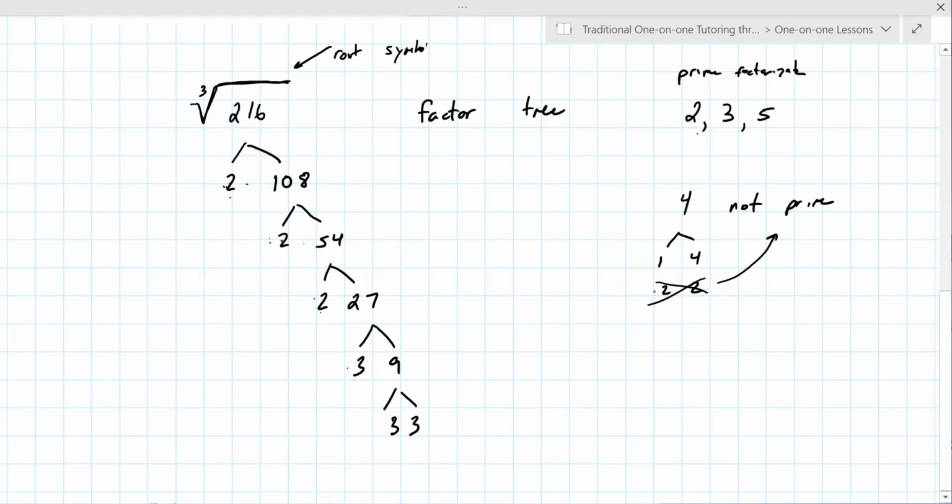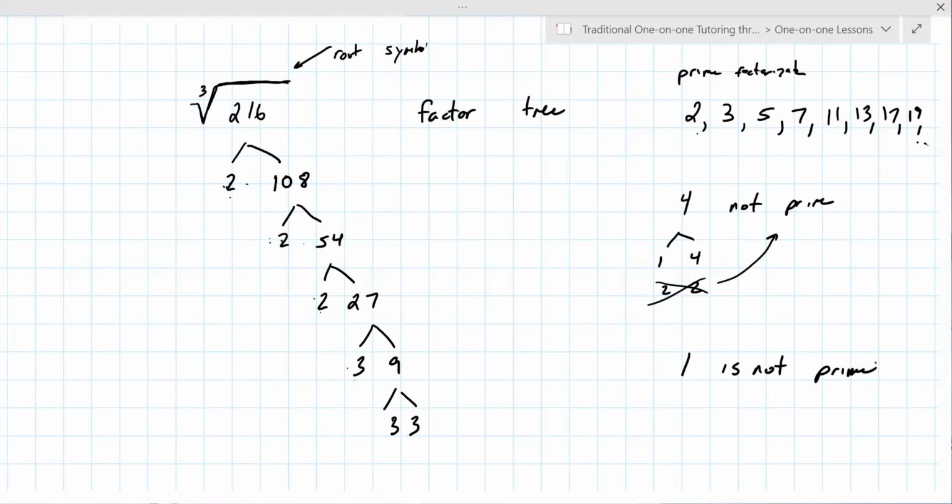What about 7? 7 is also prime. 11 is prime, 13 is prime, 17 is prime, 19, and so on. You can go to the internet, but you generally don't ever need to get up this high. You just need to know the first few. 1 is not prime. That's sometimes a question you get asked on exams, a true false kind of thing.